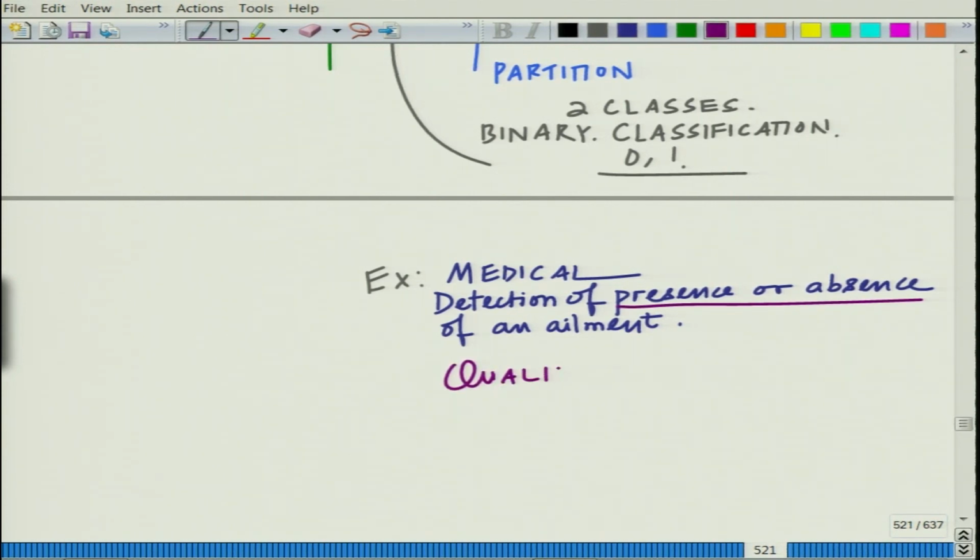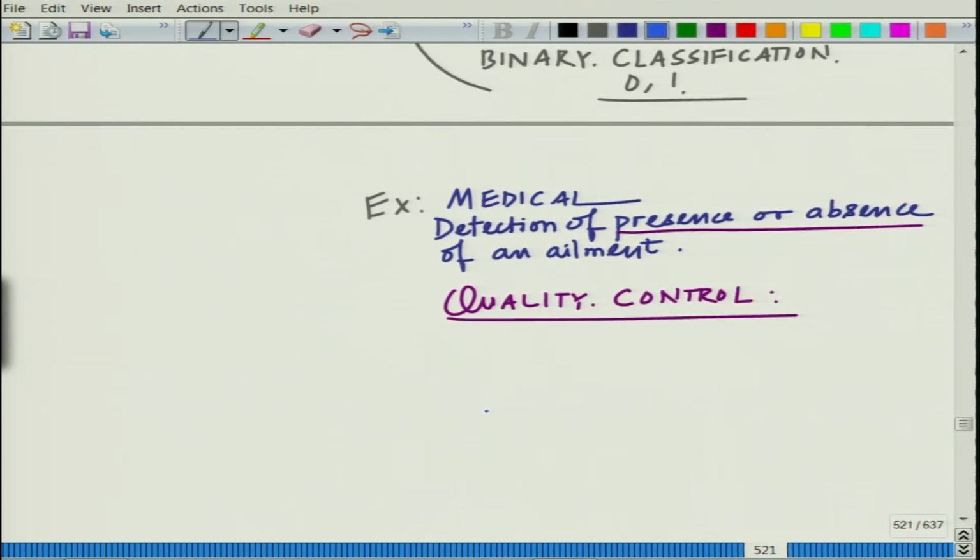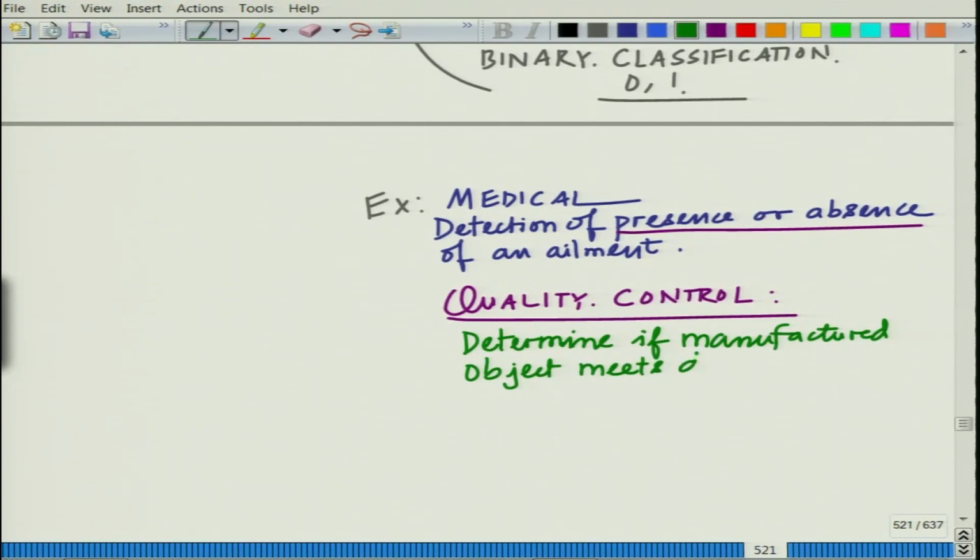For instance, the task is to check if the manufactured object meets the desired quality standards.